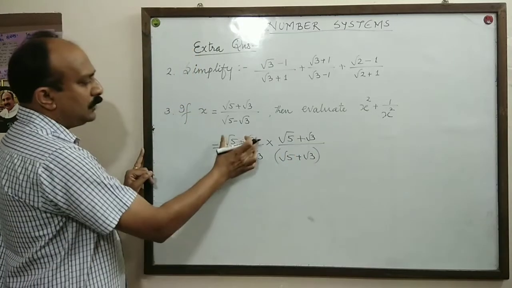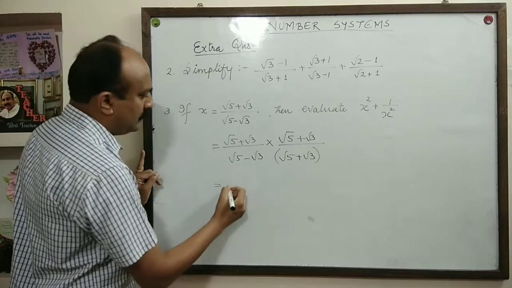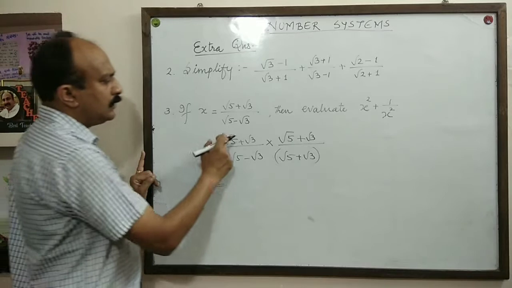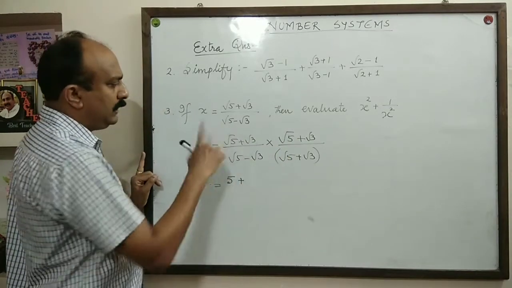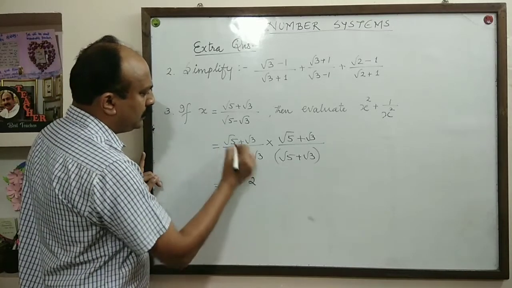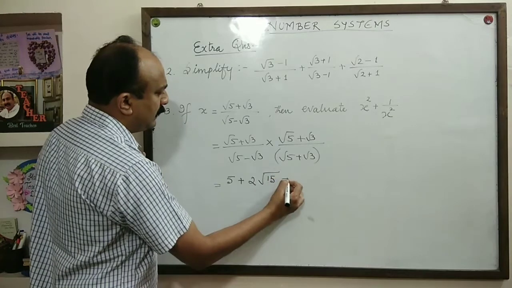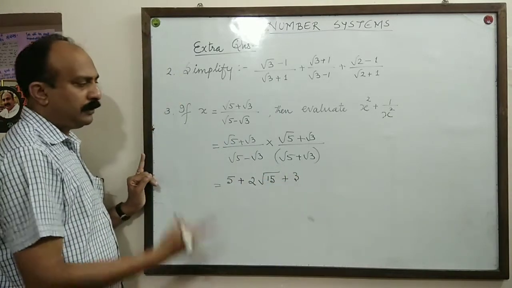Numerator is root 5 plus root 3 into root 5 plus root 3, root 5 plus root 3 the whole square, equal to, now I am doing it straight, root 5 square, that is 5, plus 2ab, 2 into root 5 into root 3, 2 root 15, plus root 3 square is 3. I hope all of you got it.